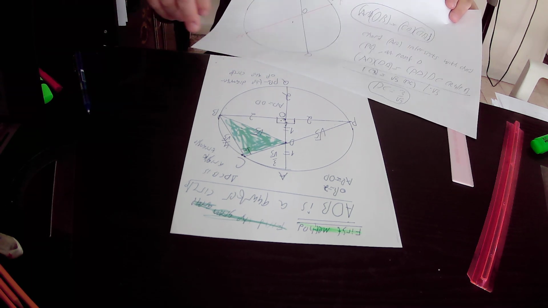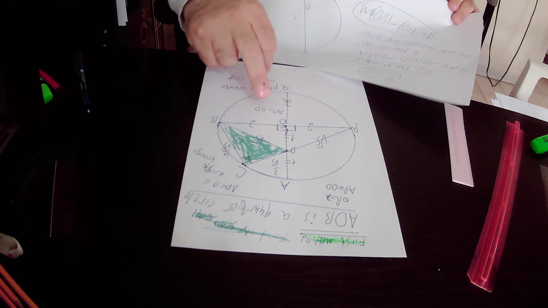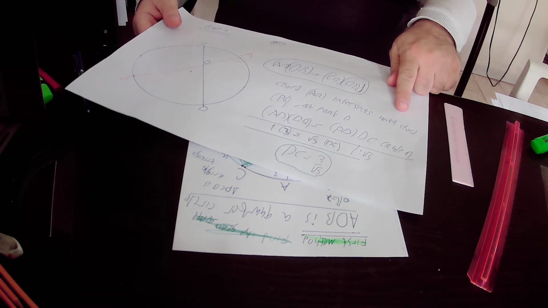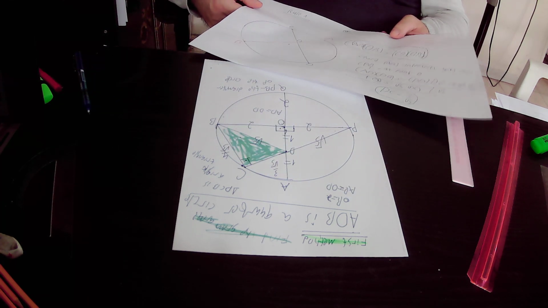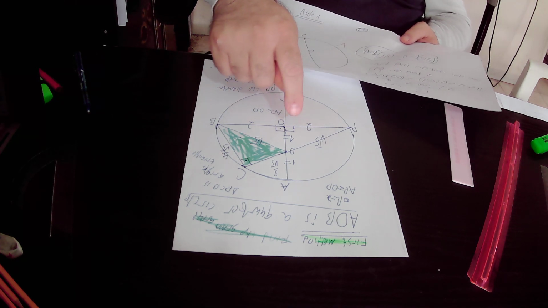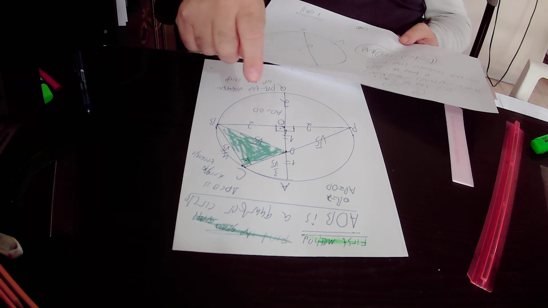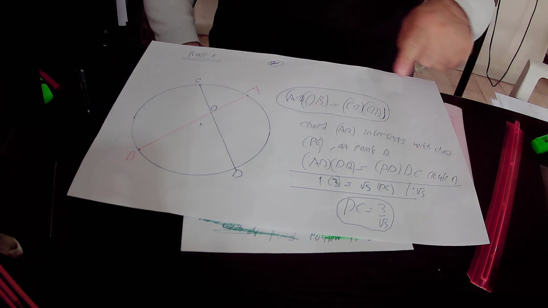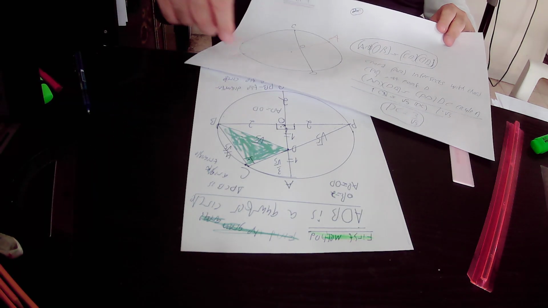Because in our drawing we have chord AQ that intersects with chord PC at point D. Therefore, according to rule number 1, we get that AD times DQ equals PD times DC. AD is 1.